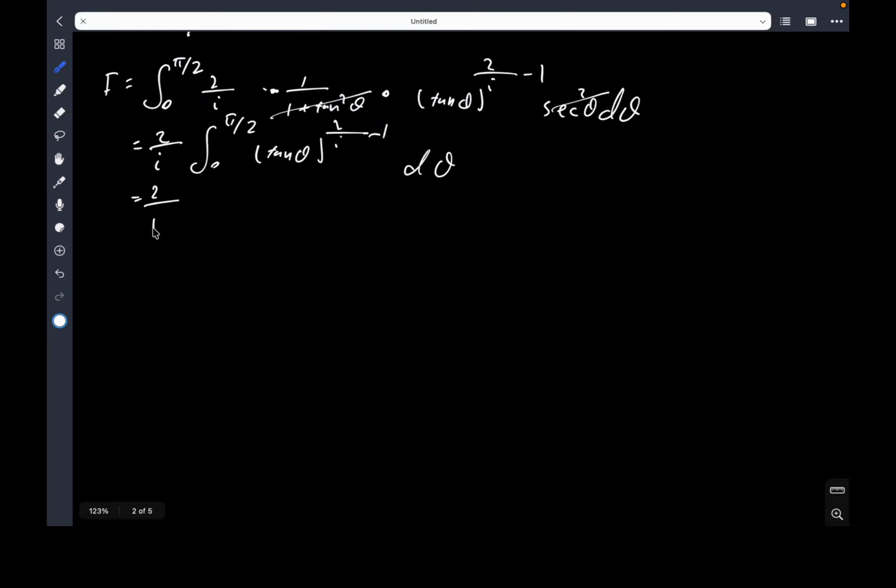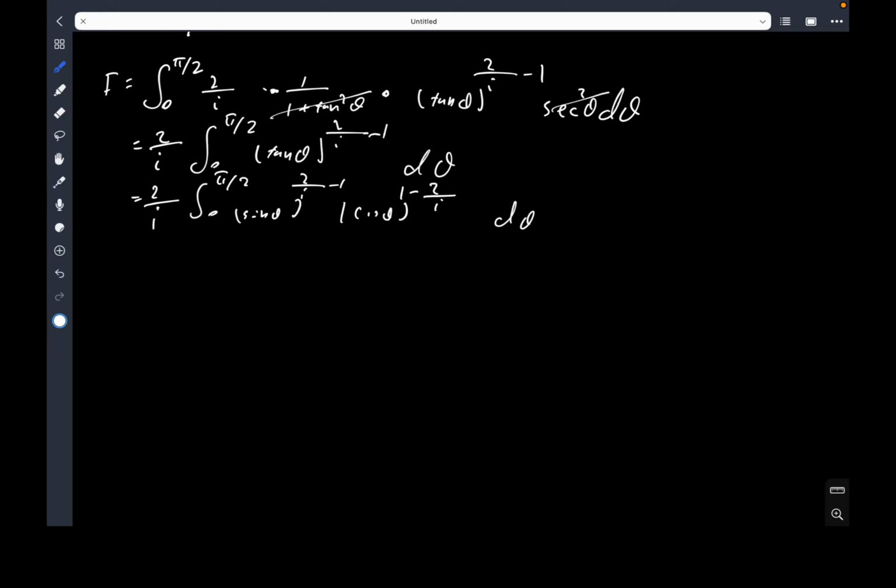And I can use trigonometric identities and say it is sine theta to the power of 2 over i minus 1 times cosine theta to the power of 1 minus 2 over i d theta.